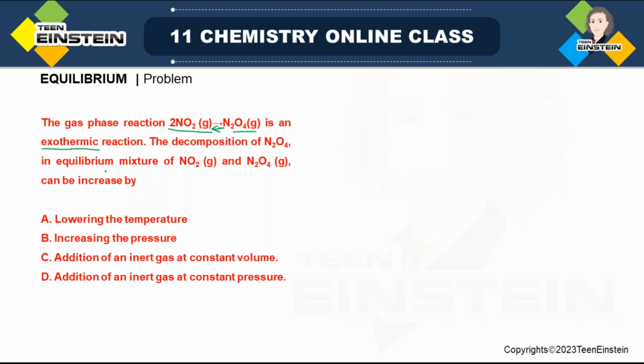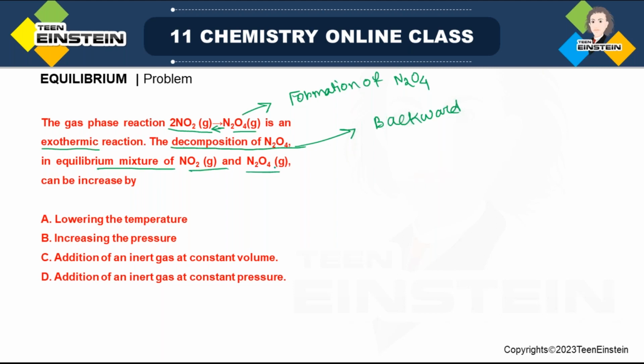The decomposition of N2O4 is basically the backward direction reaction, isn't it? Because forward direction reaction is basically formation of nitrogen tetroxide. So backward reaction is basically decomposition of N2O4. Okay, so it is asking decomposition of N2O4 in an equilibrium mixture of these two, because when it is equilibrium condition, obviously both of them will be present.